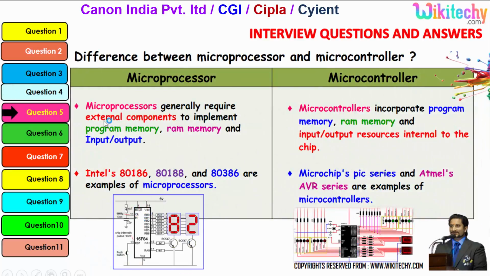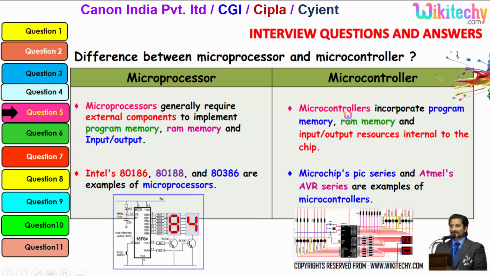Let's move on to the next question, the differences between microprocessor and microcontroller. Microprocessors generally require external components to implement program memory, RAM memory and input-output. Here is the example, Intel 80186, 80188 and 80386 are typical examples of microprocessors.